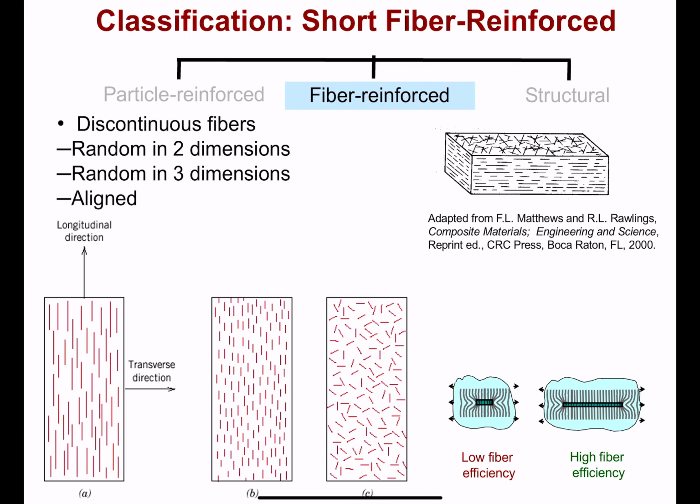Okay, so fiber reinforced composites can have discontinuous fibers. And when we consider this option, we can have those fibers be random in 2 dimensions or random in 3 dimensions or even aligned.